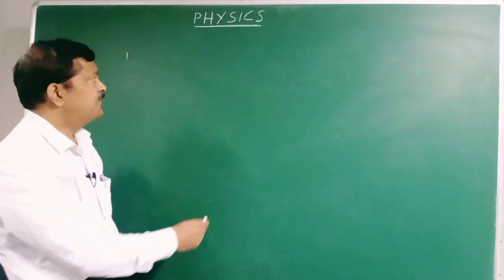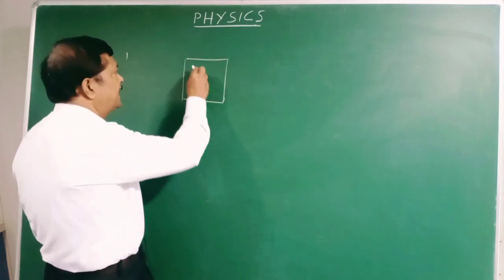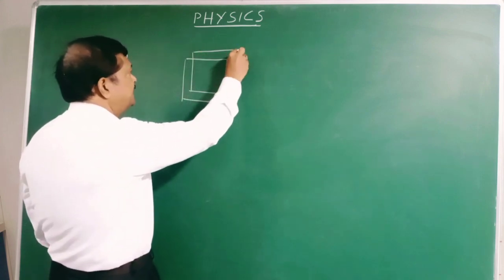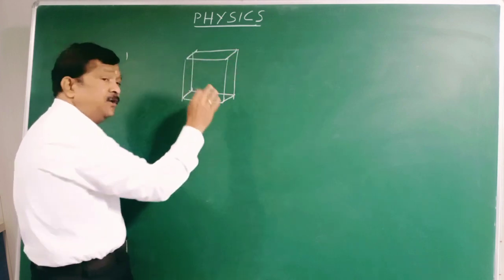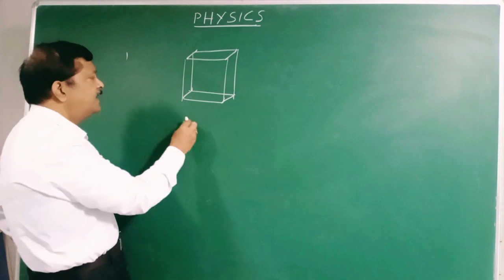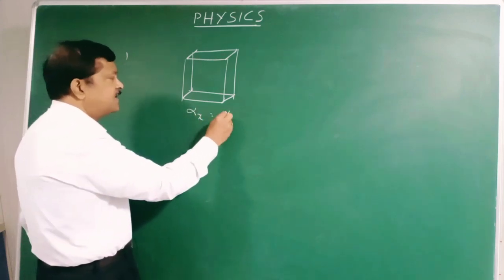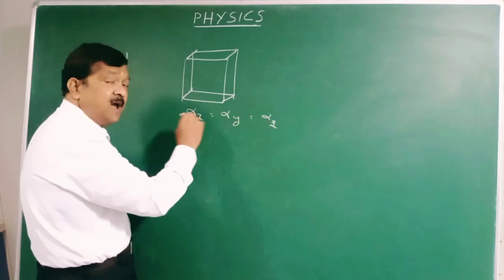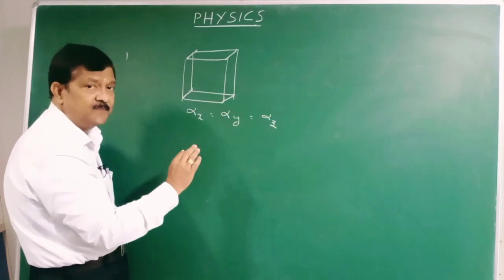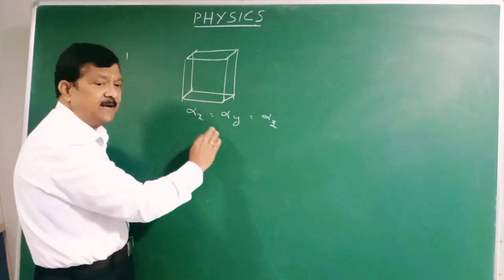That means if you take a three-dimensional body like a cube, the length, breadth, and height will all expand uniformly, so that the coefficient of expansion along the x-axis, the y-axis, and the z-axis are all equal. That is the property of an isotropic solid.